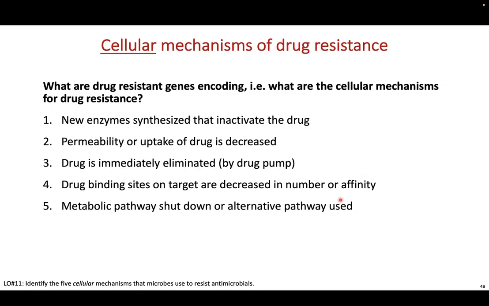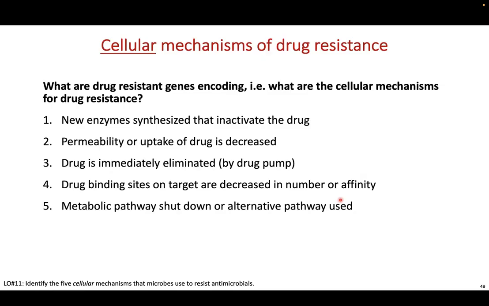Or these genes might be coding for proteins which are responsible for binding to drug sites on the target. So where the drugs are supposed to bind in the bacteria, these proteins will go in there and bind to the binding pocket where the drug will initially bind, and then block it from binding to that specific spot, or they will decrease the affinity or the number of places available for the drugs to bind.